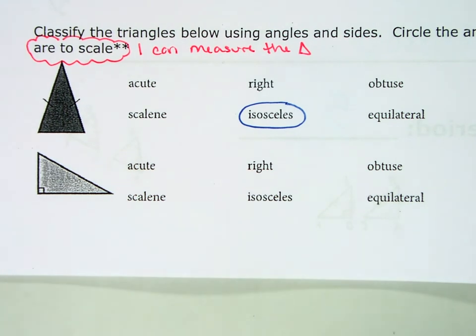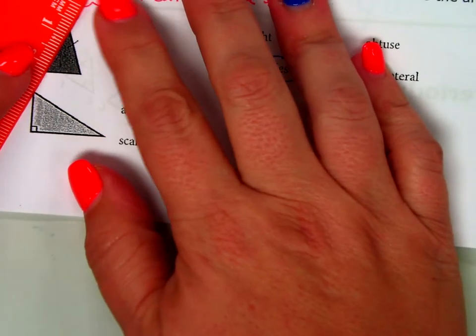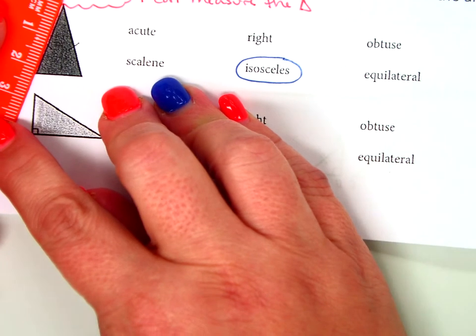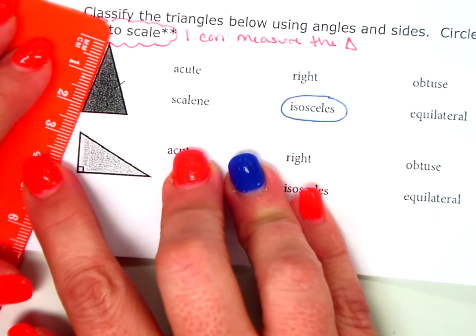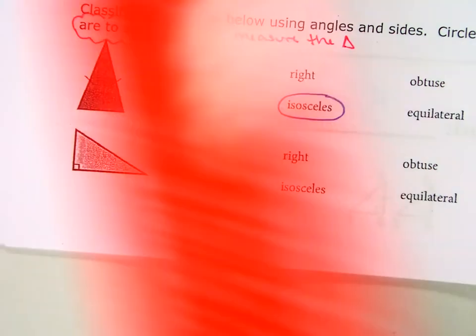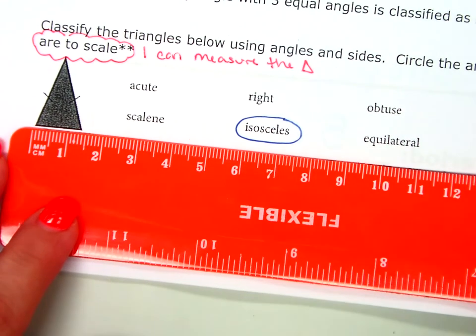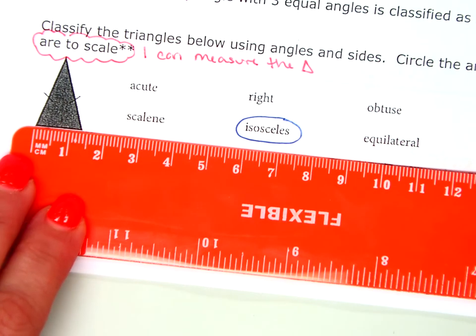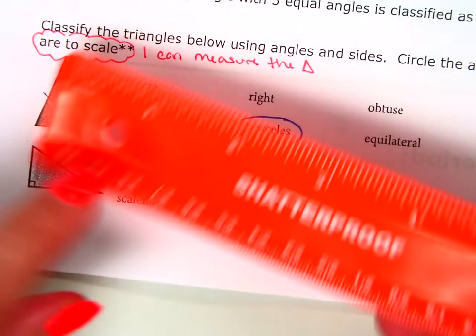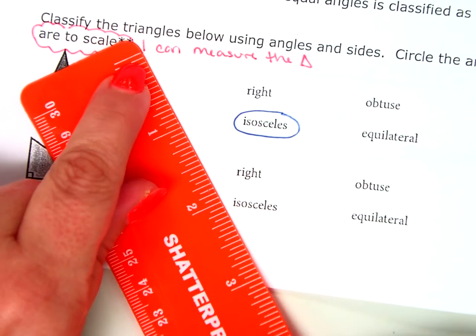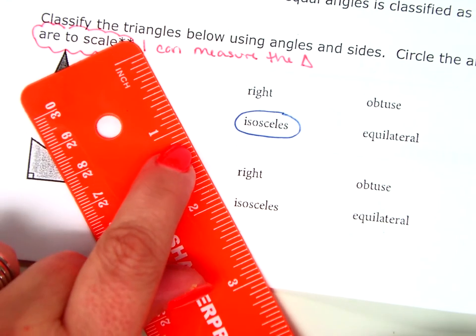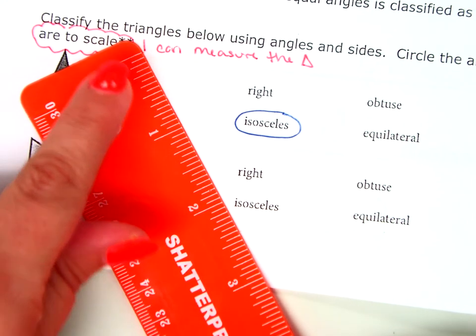Since it's to scale, I could measure it. So I could come here and I could measure it. That one's what? 2.2. So let's see, is the one on the bottom 2.2? No, it's not even 1.5. I always measure in centimeters because to me centimeters are just way easier than inches. Because these, do you know how big each one of these little tick marks is? It's not 0.1, 0.2, 0.3, 0.4. They're fractions.